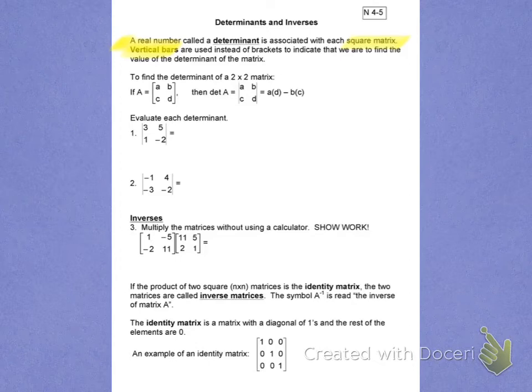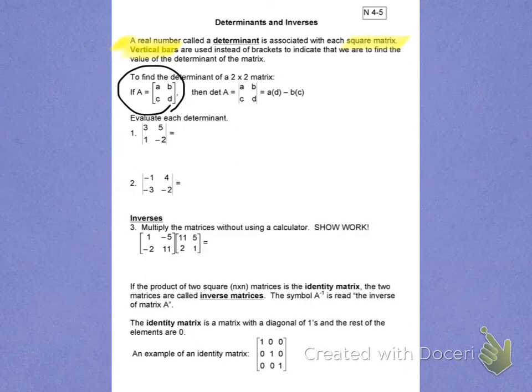Now you notice here that we have a 2 by 2 matrix, and when we want the determinant of A, you would write it with what almost looks like absolute value marks, but you put the elements in the matrix in the same position.